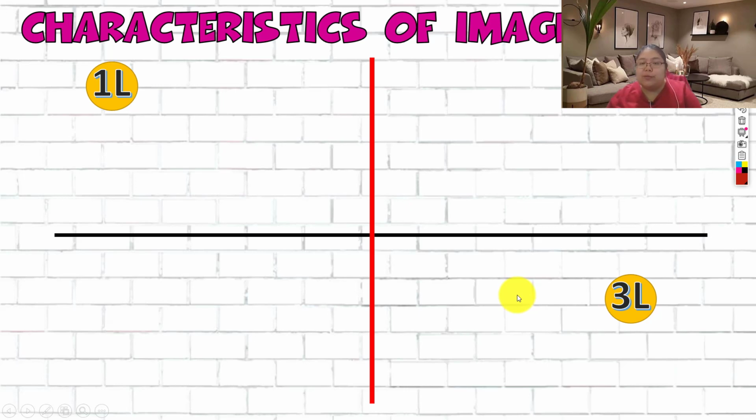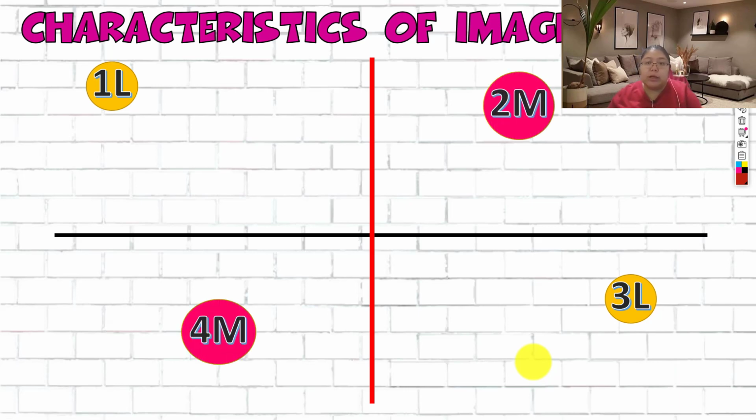That means later if we use lenses, the image we produce is in part 1 and also part 3. But today we're using a mirror, so they're not related. So later we see the image, for sure, at location 2 and also location 4. That's why I label here 2M, here 4M. So part 2 and part 4, M stands for mirror.